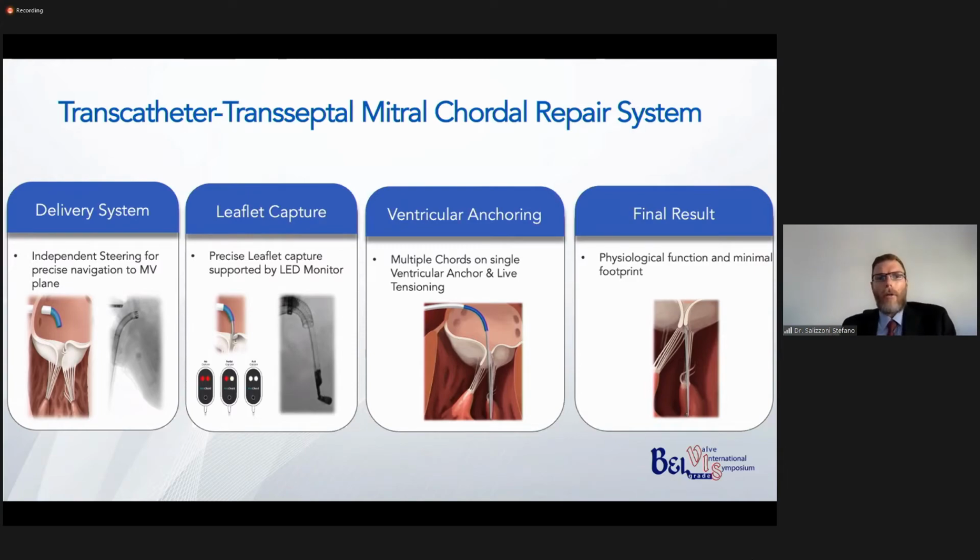So always the use of cords that are attached to the leaflet and then to the papillary muscle, that for sure is better than the posterolateral wall of the ventricle. It is more physiological, and the cords are shorter and more similar to the length of the native ones.